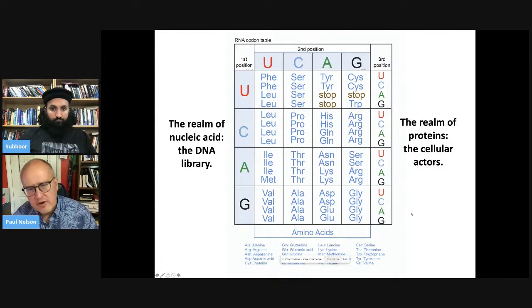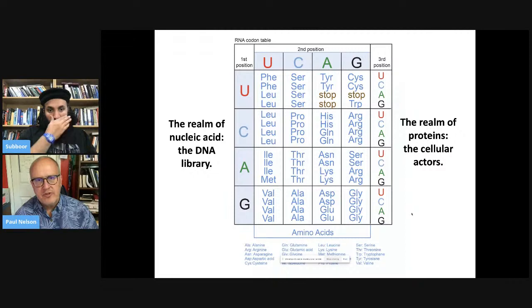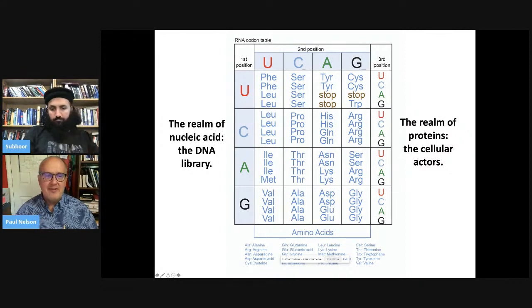And of course, there are many beautiful and interesting features to the code that we won't have time to discuss today, but you can see that if you want proteins, and if you want those proteins to be specified by nucleic acid, you're going to be moving from one kind of chemistry to another. And of course, the business end of the code will be transfer RNA, and this will be the translation table mediating information transfer. Obviously central to all cells that we know.